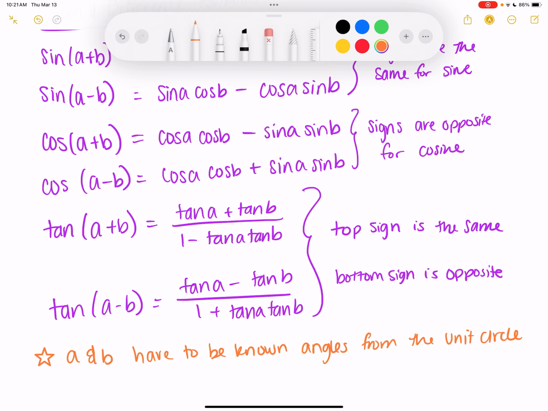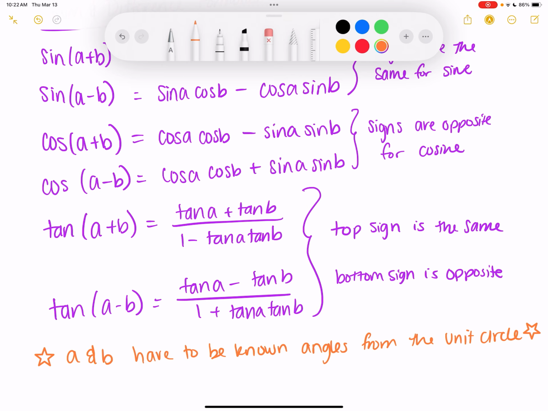It doesn't seem to matter how many times I say this and emphasize this, inevitably, people still choose whatever angles they please. It has to be an angle from the unit circle or this does not work. So like 30 degrees would work, but not 32 degrees. Right. Okay.